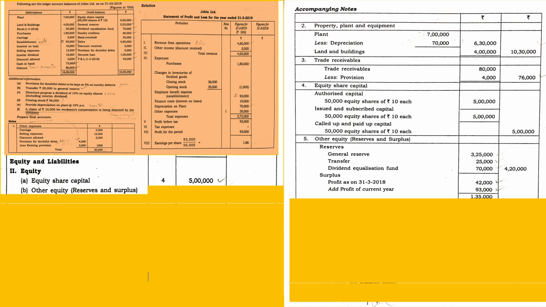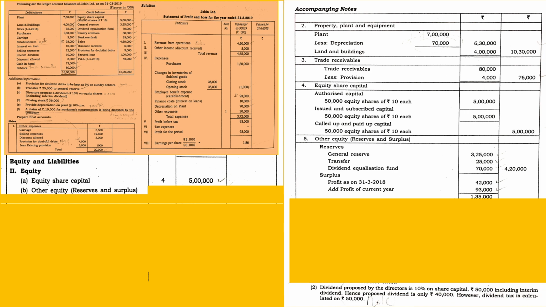There are some items that have to be deducted from these heads. In the question, directors propose a dividend of 10% on equity shares including interim dividend. So 10% on equity shares means what is the amount of equity share? Equity share capital is 5 lakhs. So 10% of 5 lakhs is 50,000.